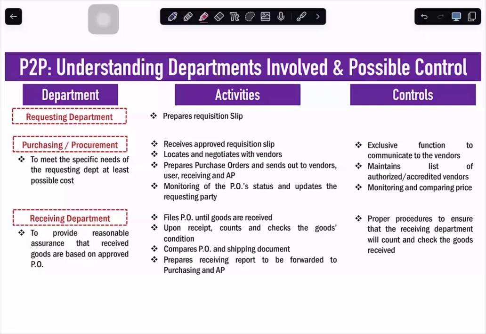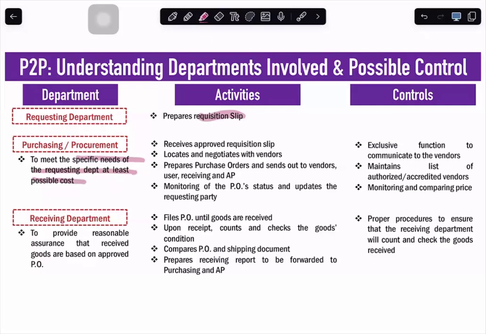Next, we have your purchasing, or also known as your procurement department. For purchasing or procurement department, this is to meet the specific needs of the requesting department at least possible cost. So what they want is that whenever they purchase, whatever is requested by the requesting department, they want to purchase it at the lowest possible cost.